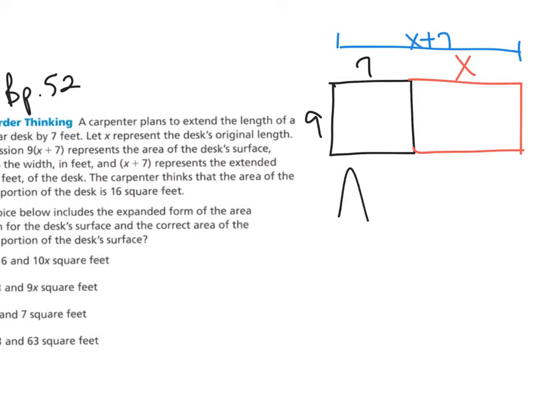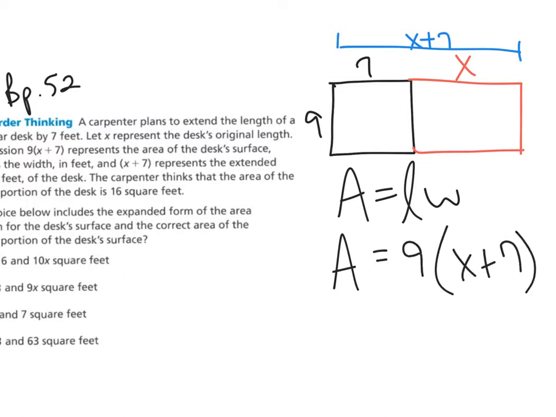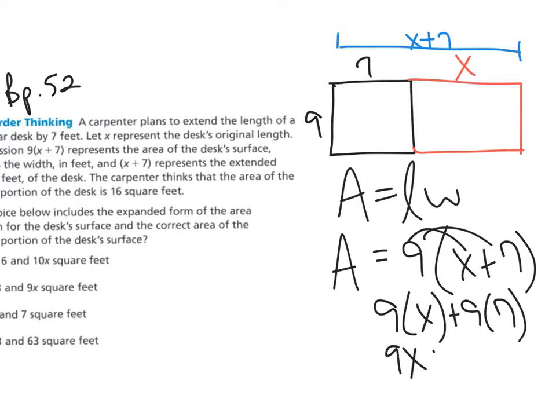Area is length times width, so you could think about 9 times quantity x plus 7. And then if we distribute that, we'd have 9 times x plus 9 times 7. So that'd be 9x plus 63.